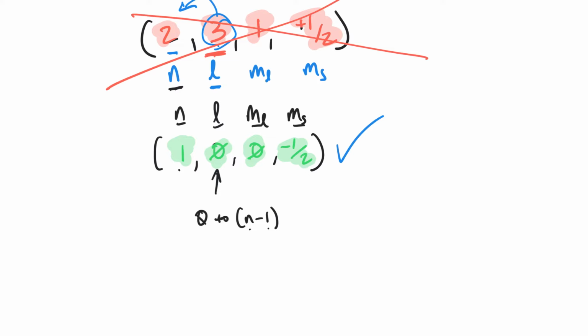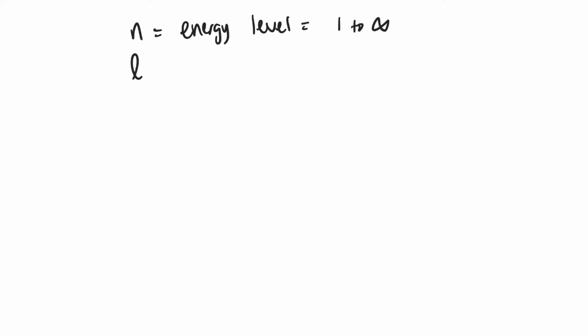Now let's bring in the whole idea of electron address and quantum numbers together. Hopefully this makes a little more sense. Just like we were saying earlier, N is really just energy levels. It has values going from 1 to infinity. L is our sublevels.